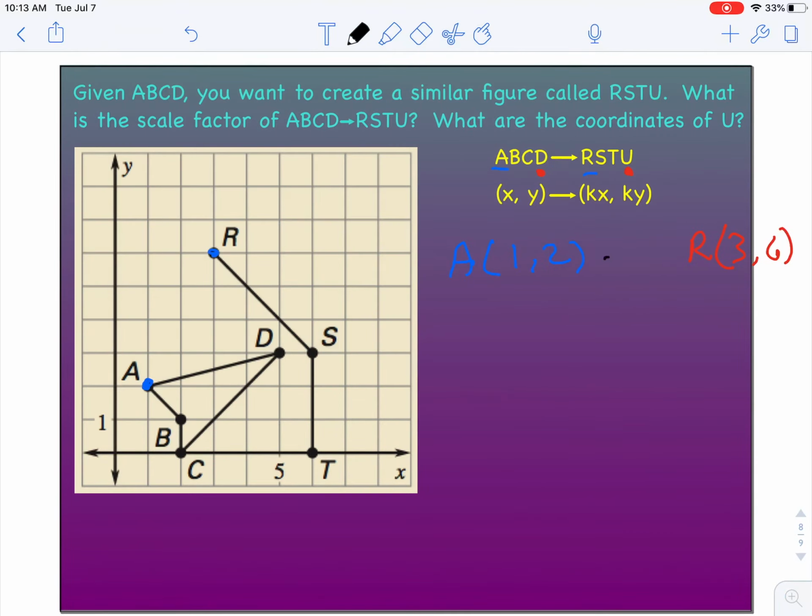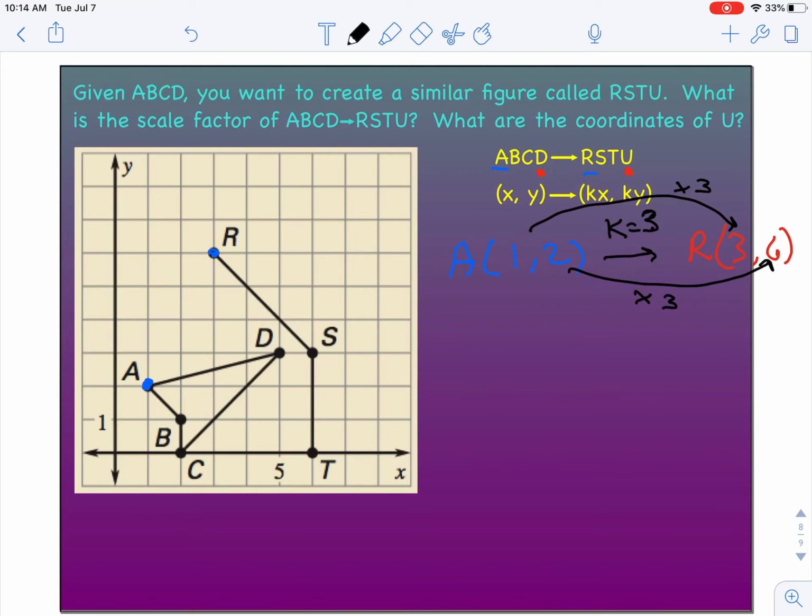So intuitively, if we look at this, what would K be? Well, in order to go from 1 to 3, what are you multiplying by? In order to go from 2 to 6, what are you multiplying by? Well, you're multiplying by 3. You're multiplying by 3, so your K is equal to 3.